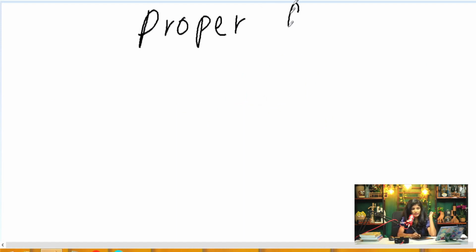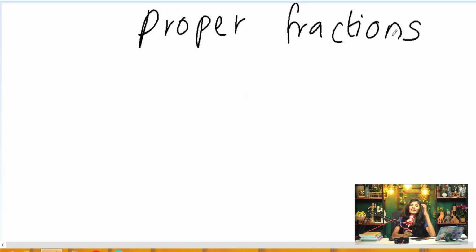Now the next type is proper fractions. Now you know there are 2 parts in a fraction, the numerator and the denominator. In a proper fraction, the numerator is less than the denominator.